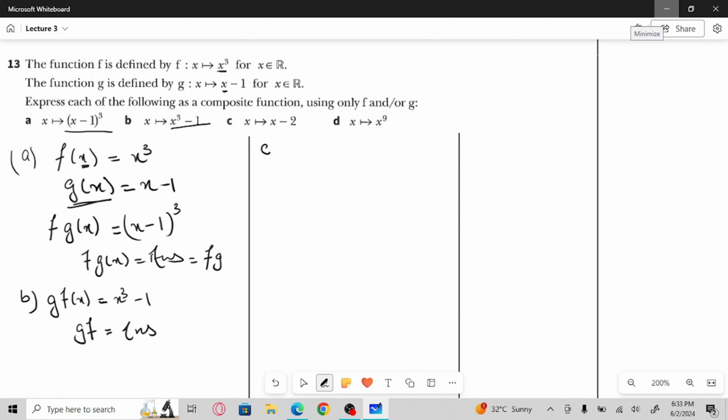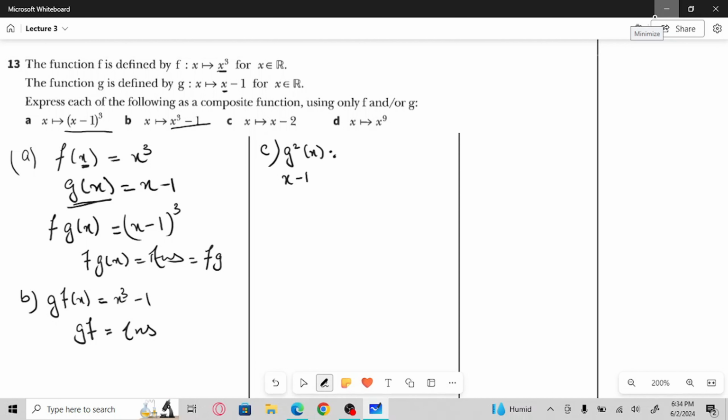Okay, now part C, x is mapped to x minus 2. Now this is quite a different question from what we have done till now. The thing is that if you see here, g squared(x), what will it be? g(x) is equal to x minus 1.